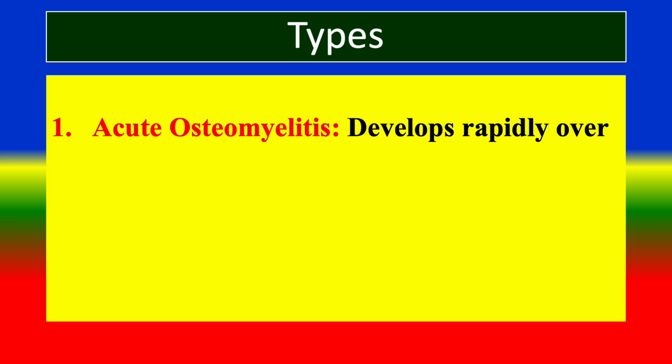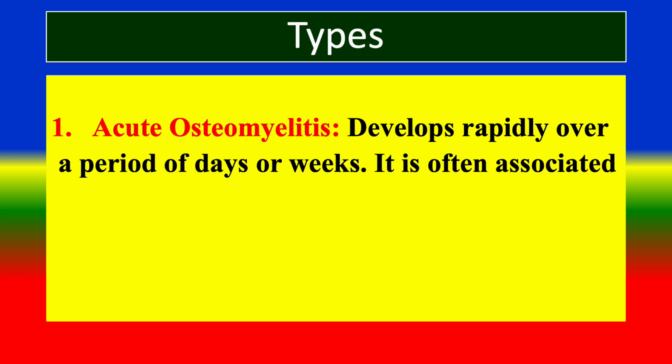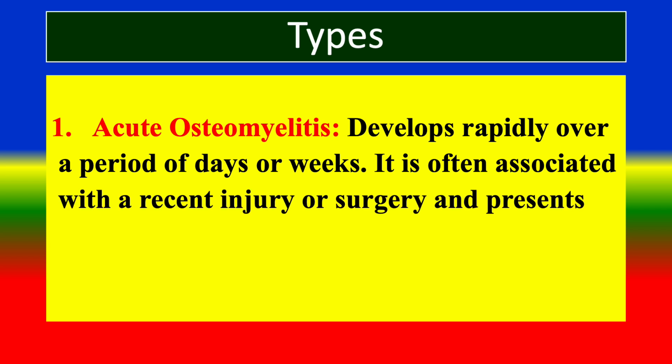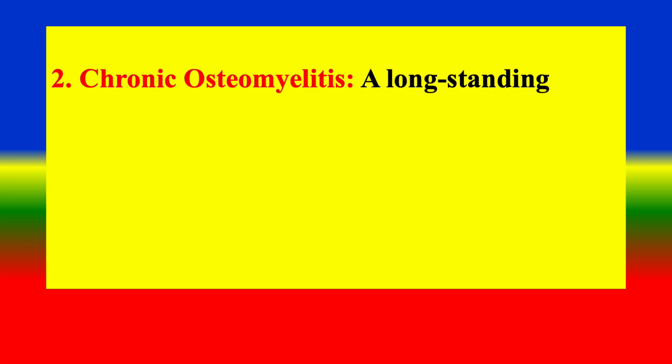Types. 1. Acute osteomyelitis develops rapidly over a period of days or weeks. It is often associated with recent injury or surgery and presents with severe symptoms. 2.